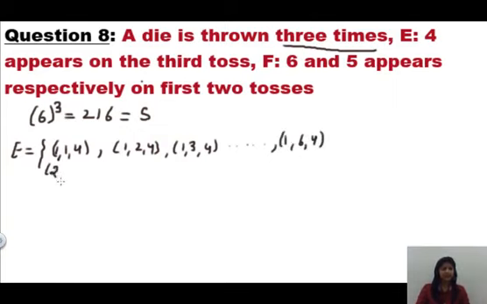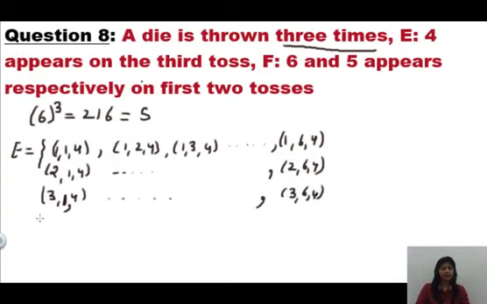Similarly, we'll write with 2: 2, 1, 4, up to 2, 6, 4. Then 3, 1, 4, 3, 1, 4, up to 3, 6, 4. Similarly, 4, 1, 4, and so on up to 4, 6, 4. You see 4 is there every time on the third one.